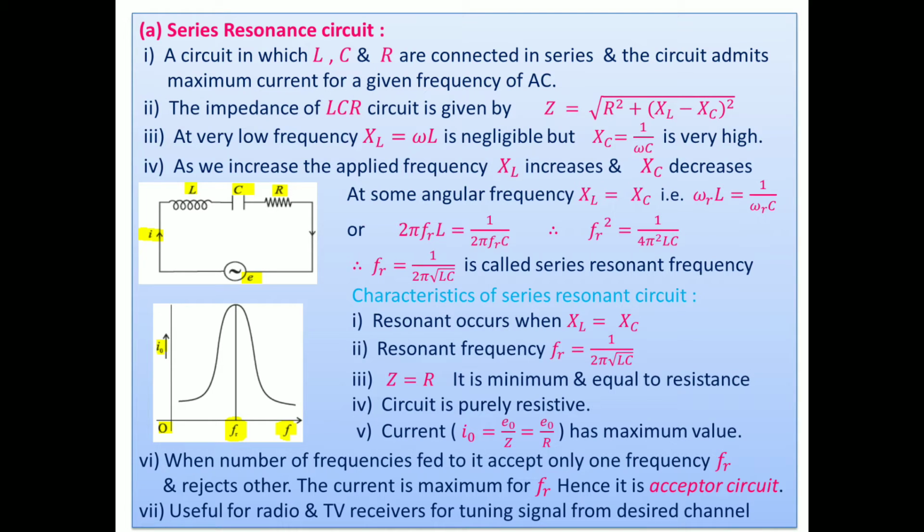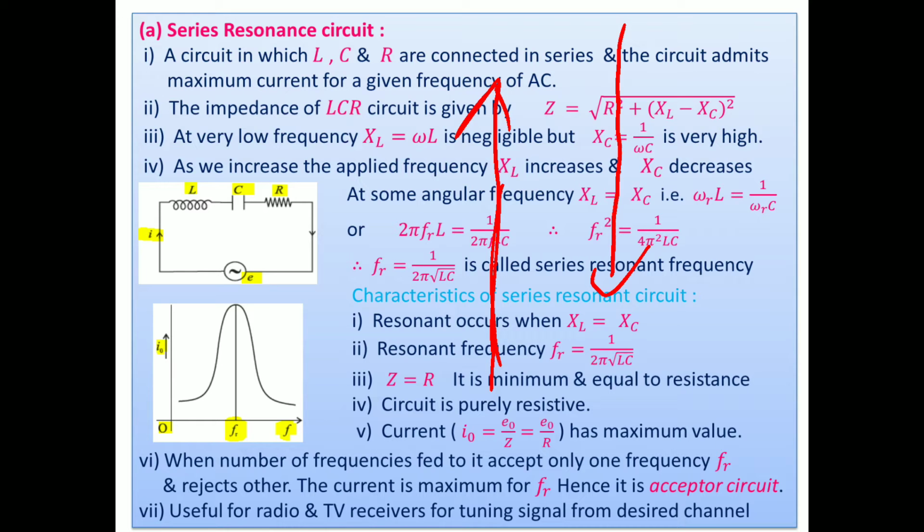Then look here, as frequency goes on increasing, inductive reactance goes on increasing and capacitive reactance goes on decreasing. Just like one train is coming from Panvel going towards VT, and another train is coming from CST to Panvel, there should be one station where both trains meet simultaneously.